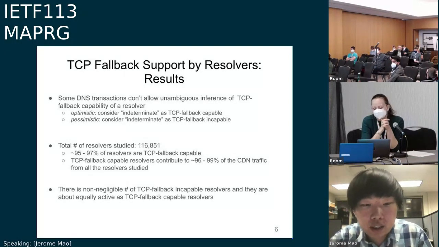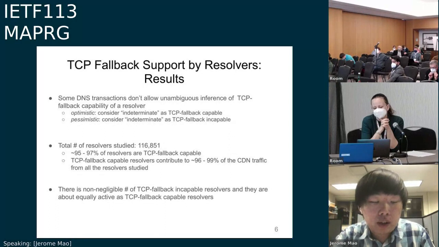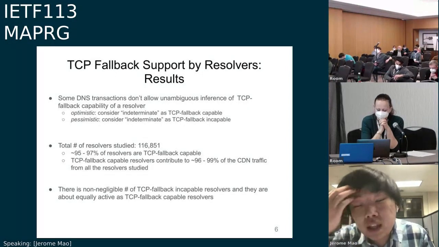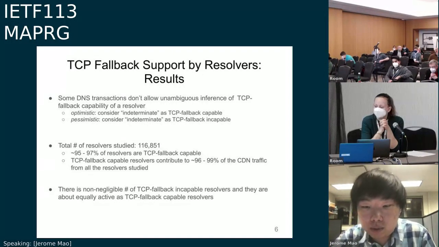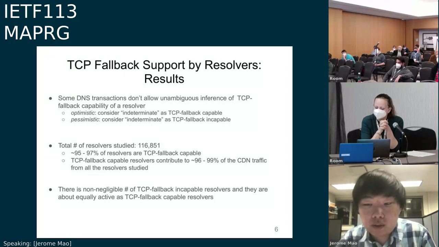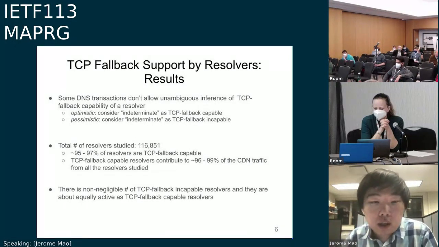So we have the ADNS log from the major CDN. So we know whether this ADNS is being used or not, and to what extent. For this number here, we say that around 95 to 97% of the resolvers are TCP fallback capable, and they contribute to around 96 to 99% of the CDN traffic from the resolver study. So that's our aggregated results here.